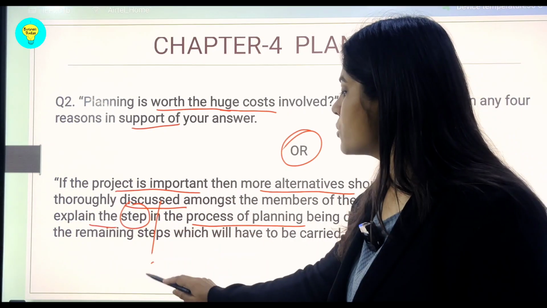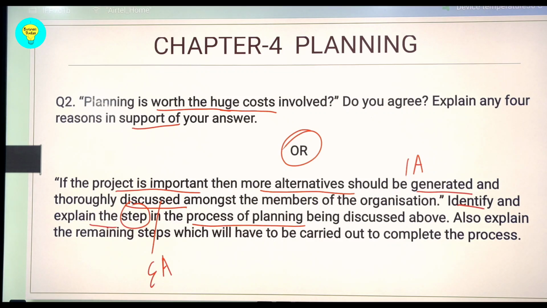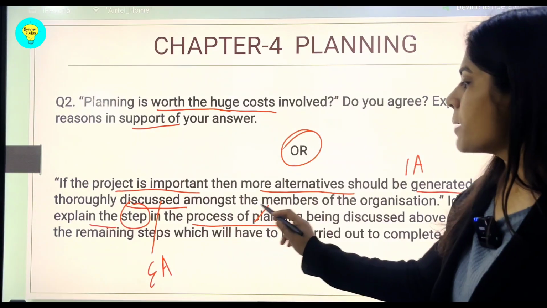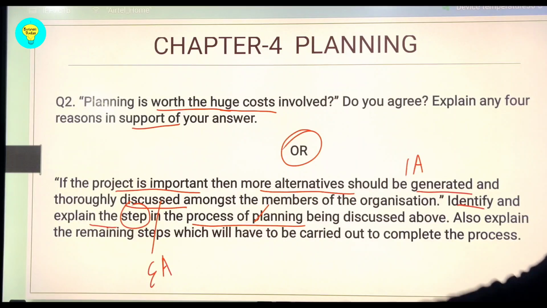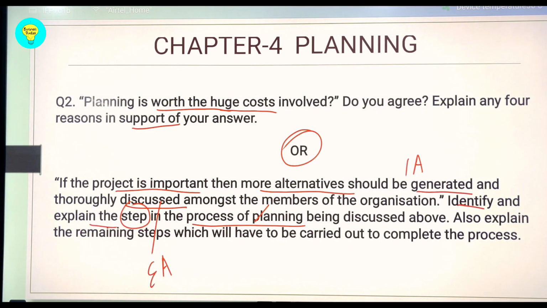So discussion leads to evaluation of alternatives, because we will discuss for evaluating the pros and cons attached to a particular alternative. So the process that has been talked about is planning, and the step of that particular process will be identification and evaluation, you can write like this, of alternatives.